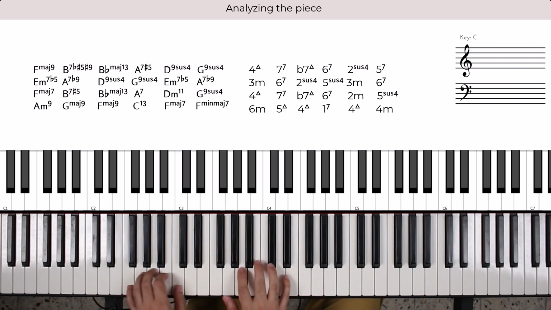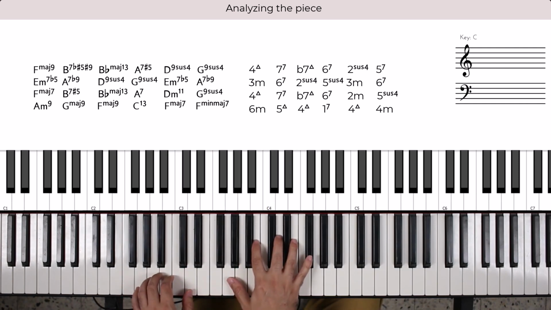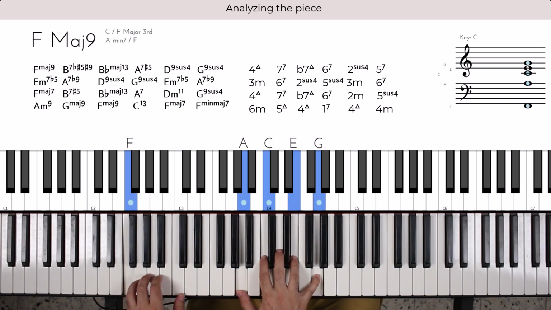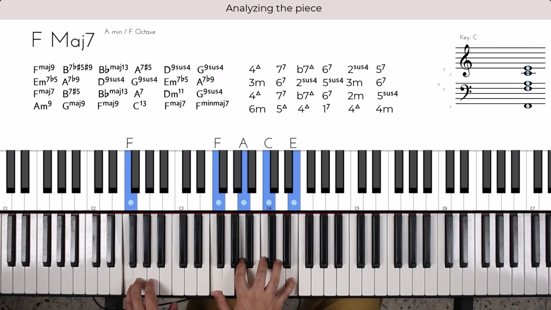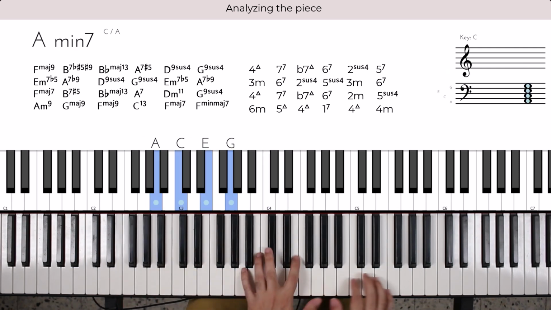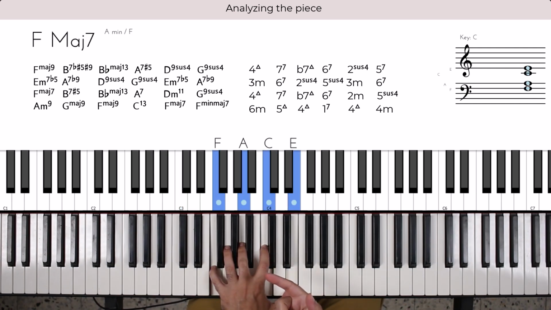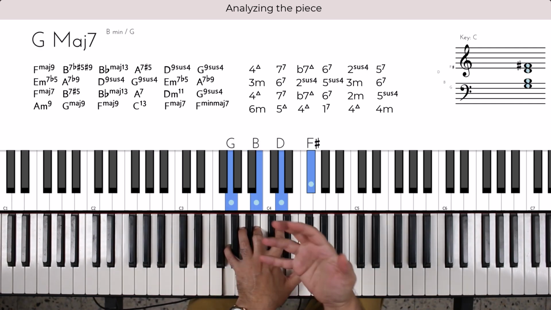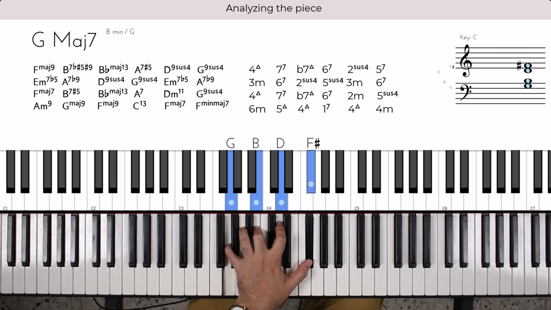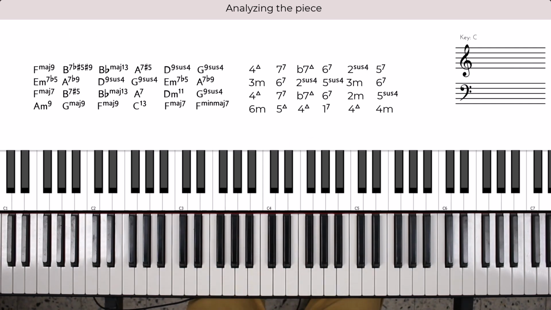So you might say that this motion from the G to the F, this G major 9 to the F major 9, is a motion of a fixed shape. But that's kind of a stretch in my opinion.